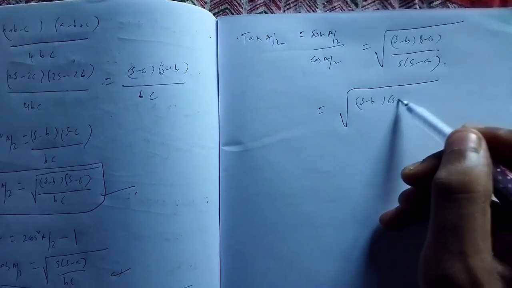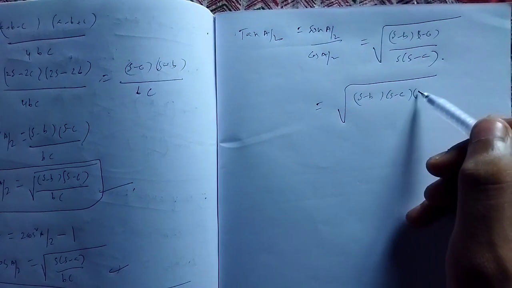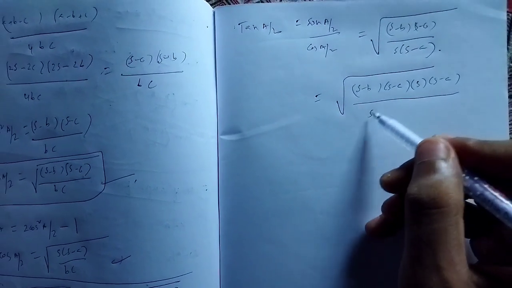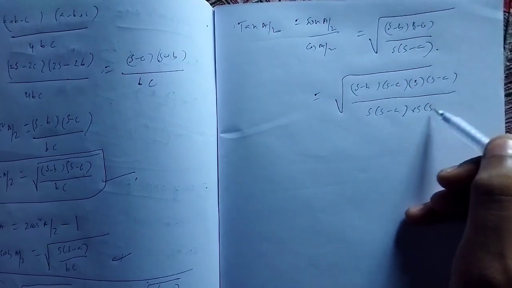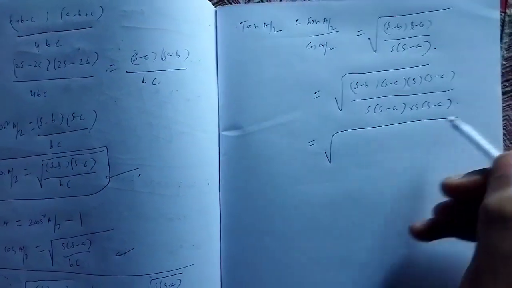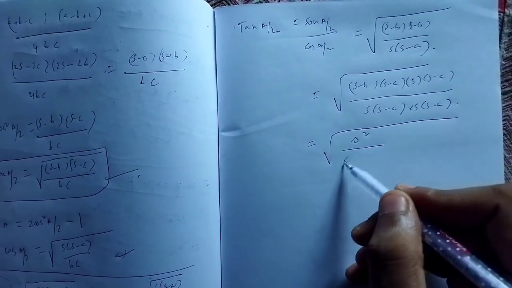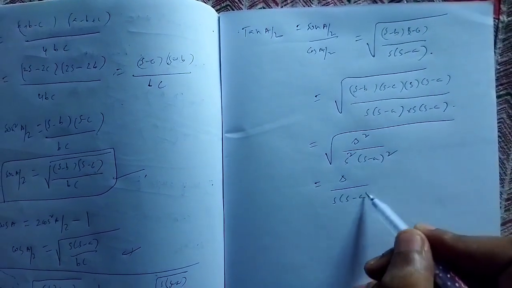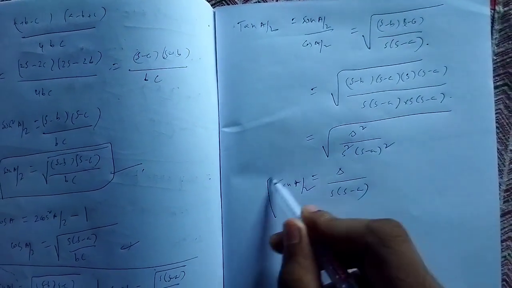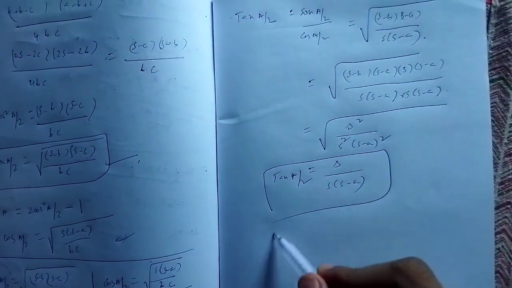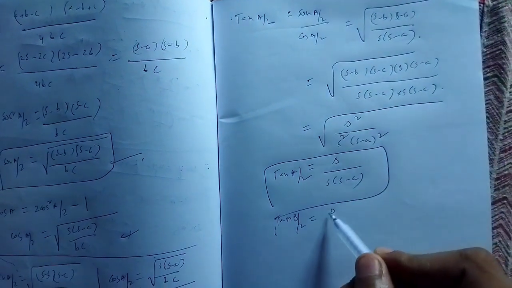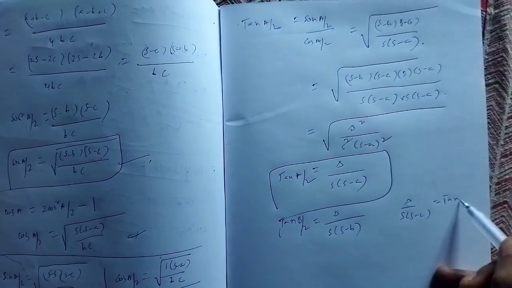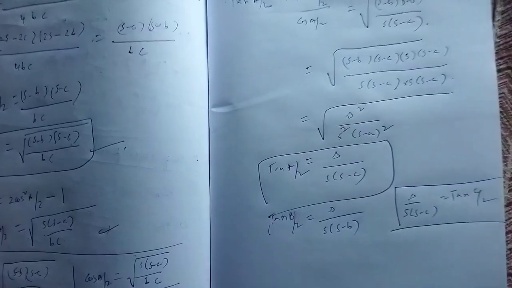Let's multiply s into (s minus a) to both numerator and denominator. This will be delta square by s square into (s minus a) whole square. So it will be delta by s into (s minus a), tan A/2. Similarly, tan B/2 is delta by s into (s minus b), and delta by s into (s minus c) is tan C/2, right?